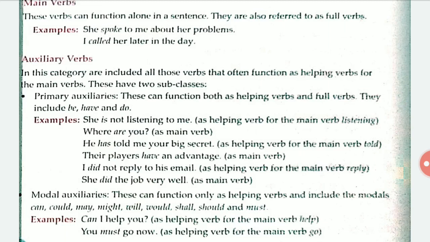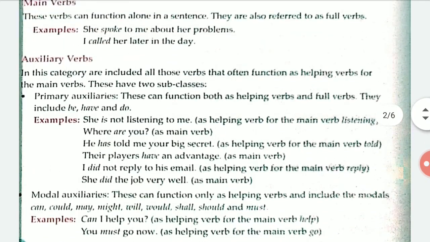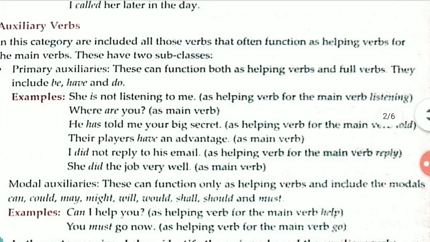So this is all about primary auxiliaries, and now we'll see modal auxiliaries. Modal auxiliaries can function only as a helping verb and include the modals can, could, may, might, will, would, shall, should and must.